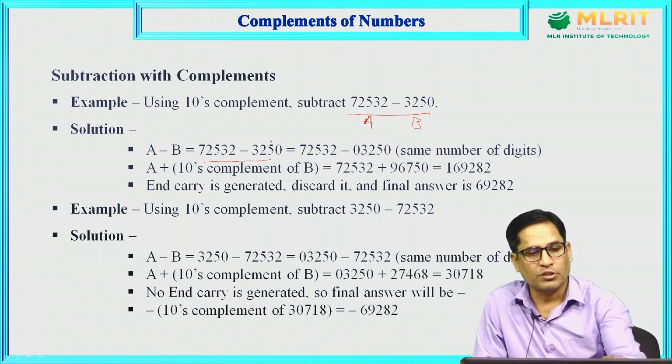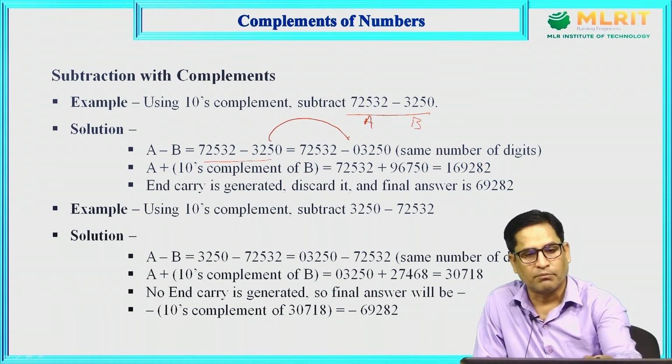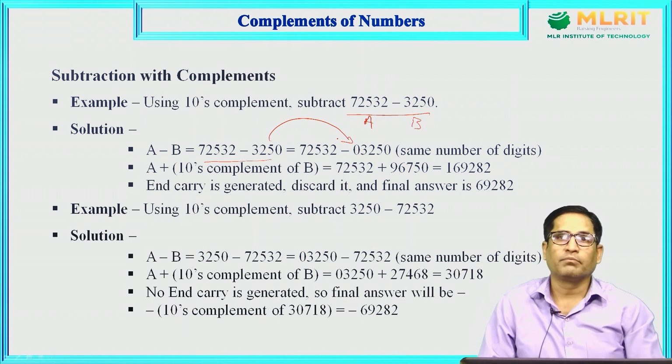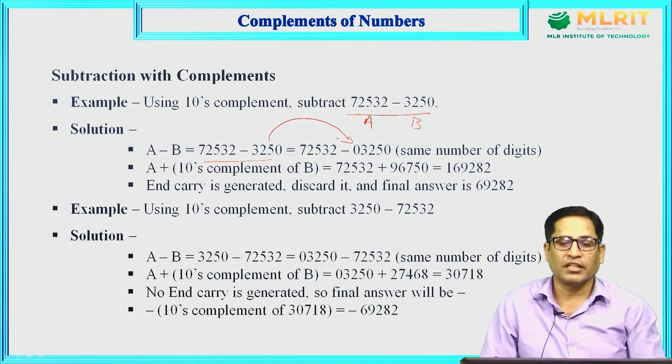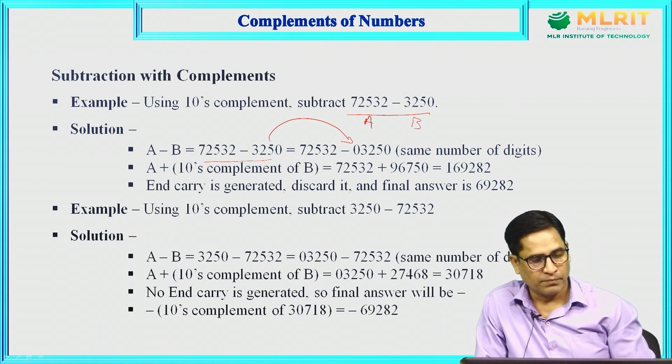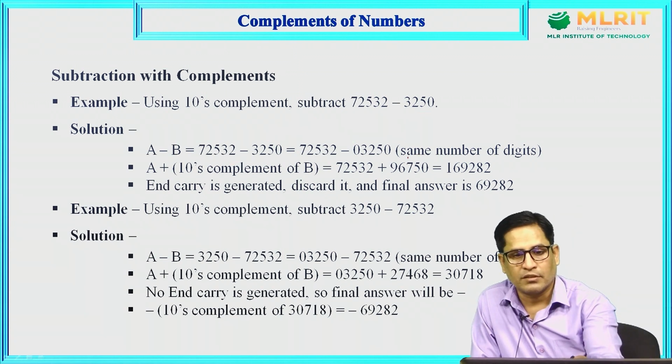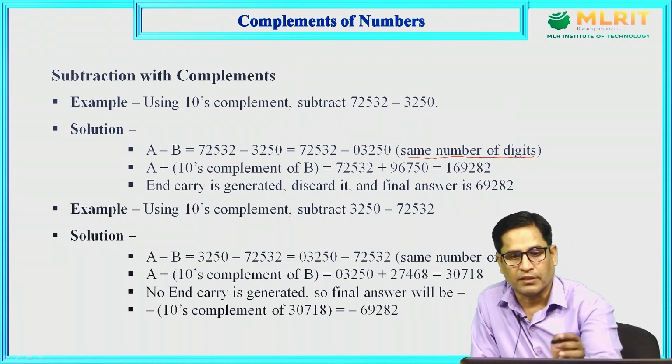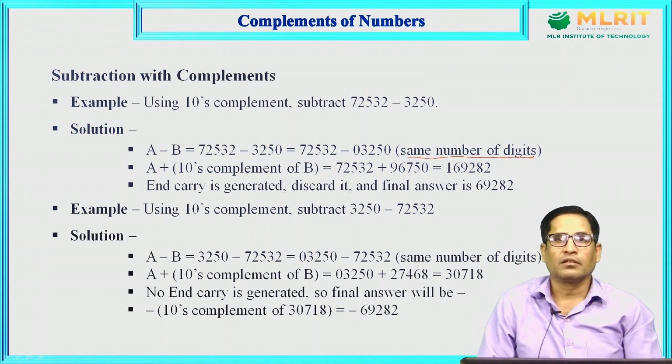We are going to take the 10's complement of this number. Before that, please note that we have to ensure that both numbers on which the operation is performed must have the same number of digits, otherwise some confusion will arise. So the first step, we ensure that both numbers have an equal number of digits.